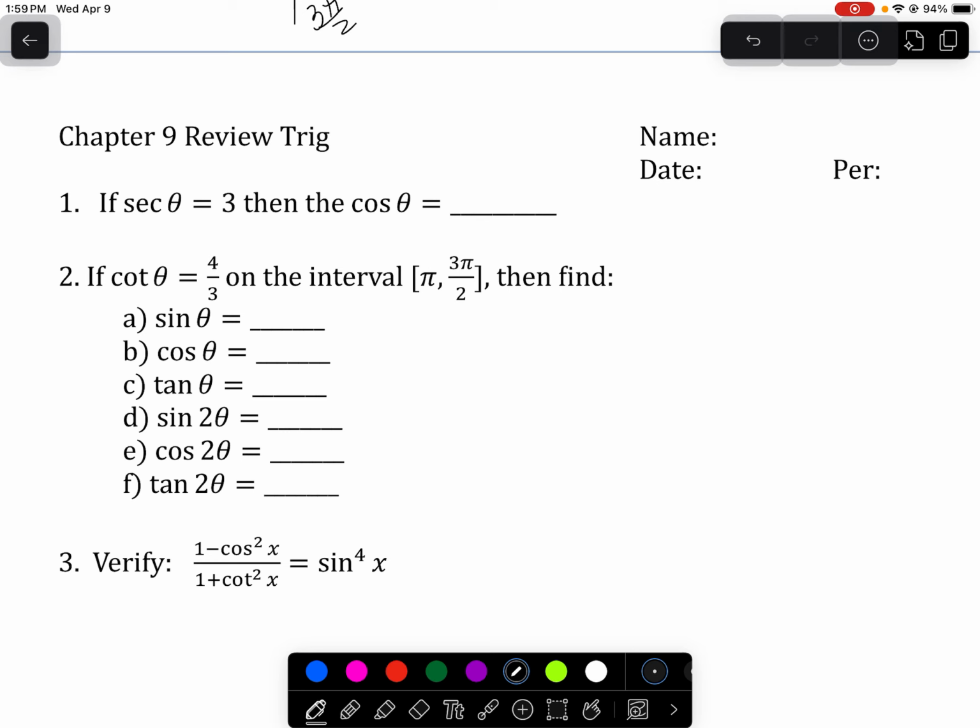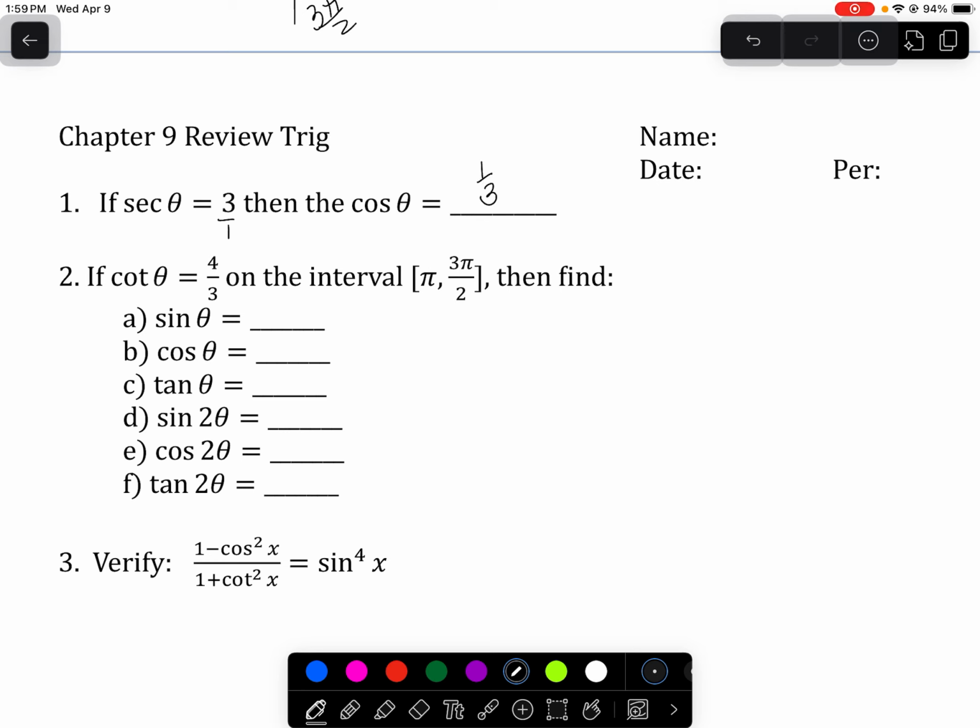Now, the first one uses our reciprocal identity, that the reciprocal of the cosine is the secant. So if secant is 3 over 1, then the cosine is 1 over 3. So that's all they're doing there.